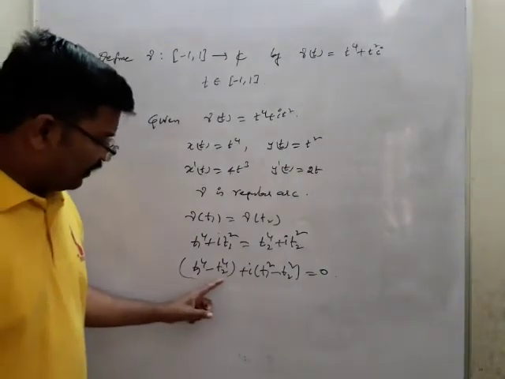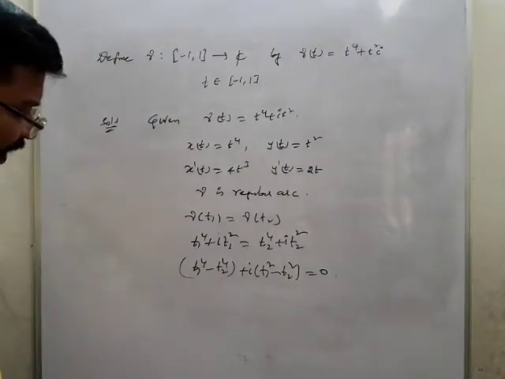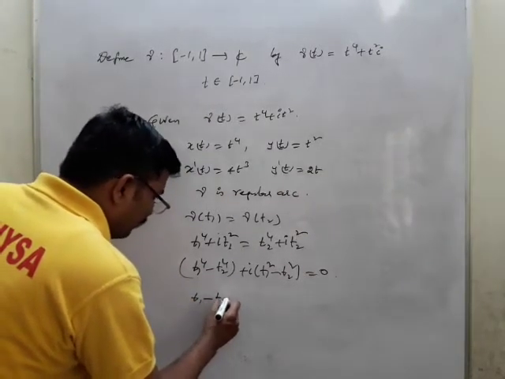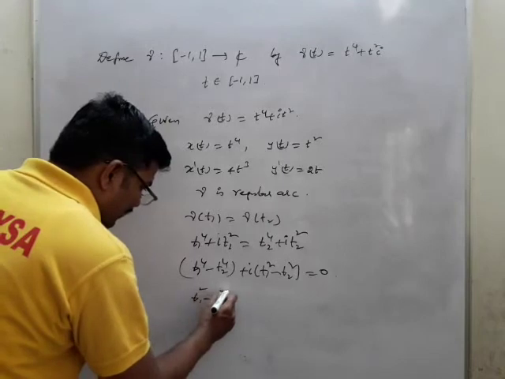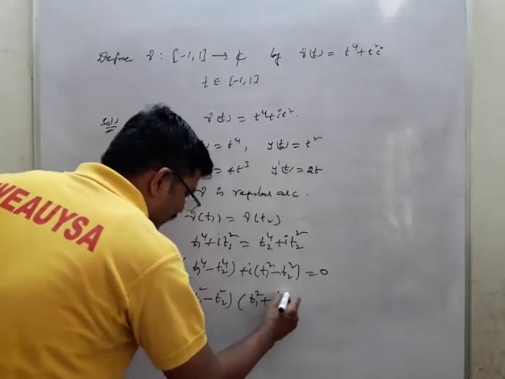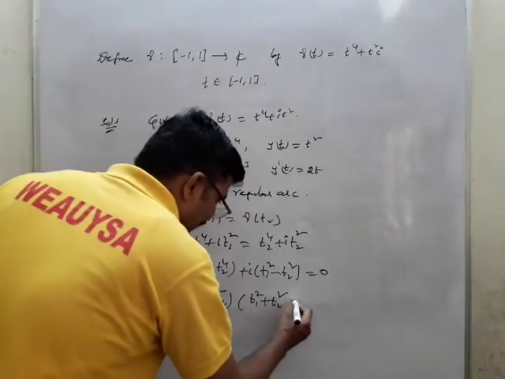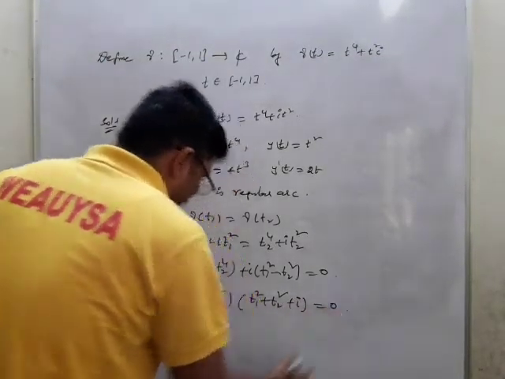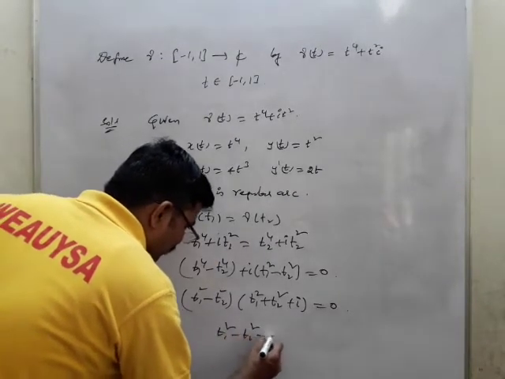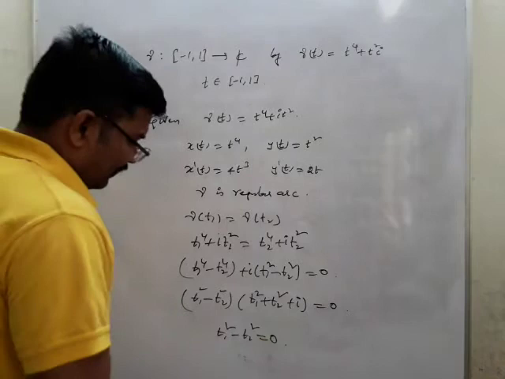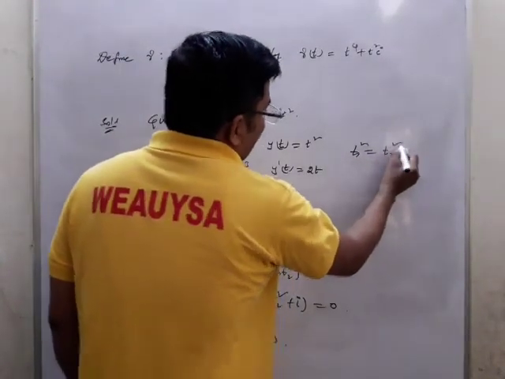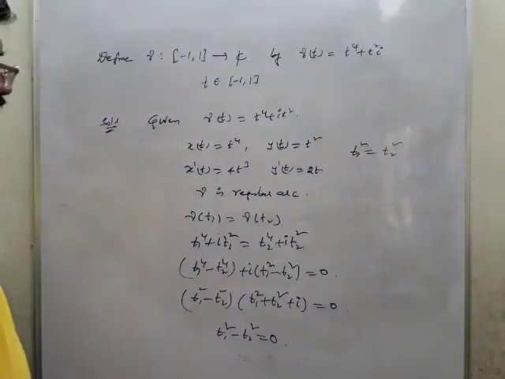So what we can write here is t1 square minus t2 square common, you will be getting t1 square plus t2 square plus i is equal to 0. So this is t1 square minus t2 square equal to 0. Then we can write that t1 square is equal to t2 square.